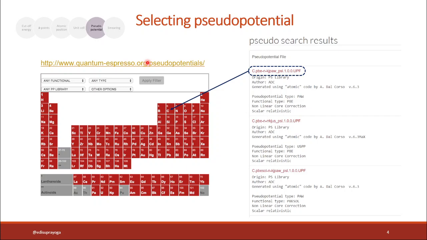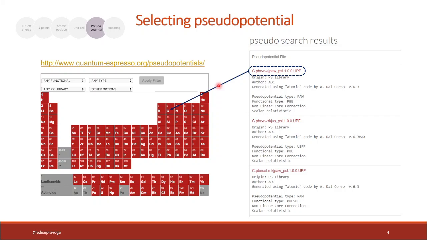A recommended way of selecting a good pseudopotential is based on testing and comparing preliminary results or experimental data. Note that when comparing Quantum Espresso calculation results, you should not directly compare the total energy value by using different pseudopotentials, since each pseudopotential has different options or conditions.